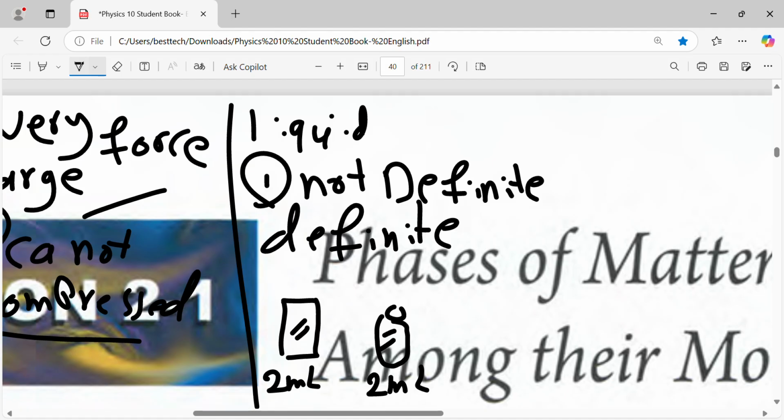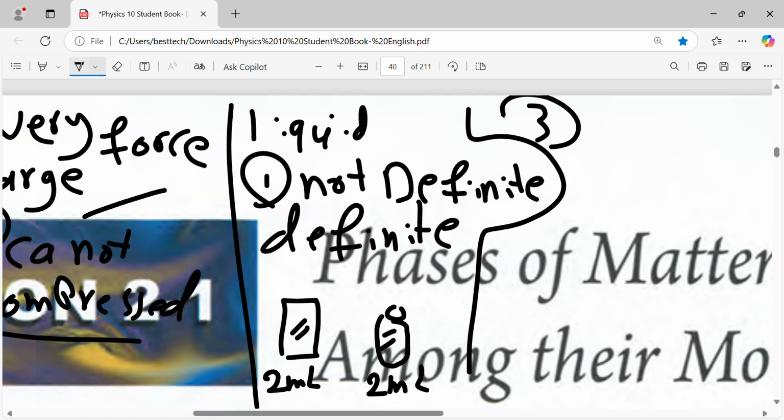The third property we have is the force between the molecules. But before we talk about the force, guys, the distance between the molecules of the liquid is small, yes, but compared to the solid, it's large.